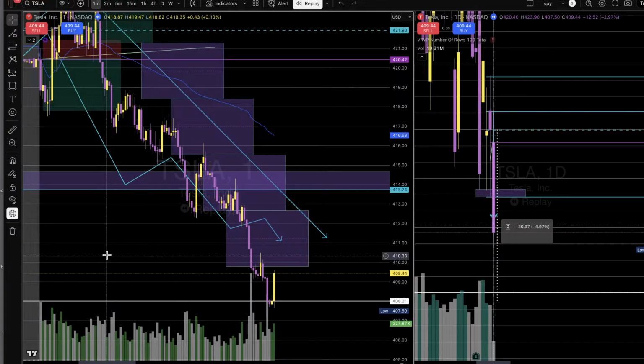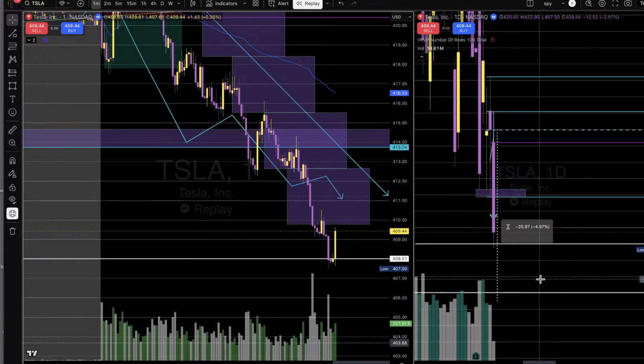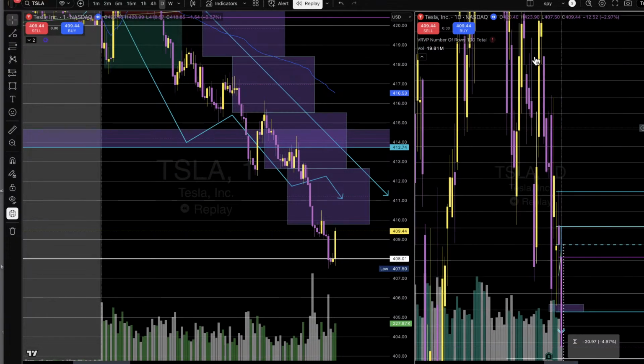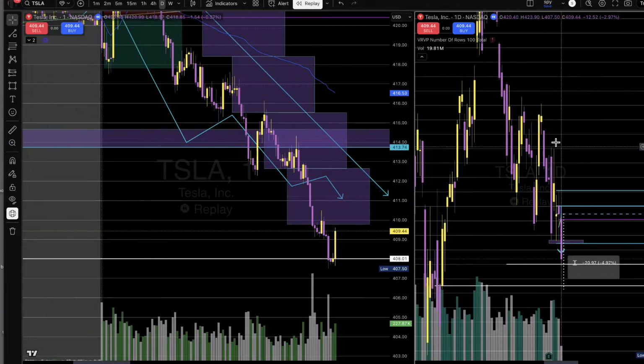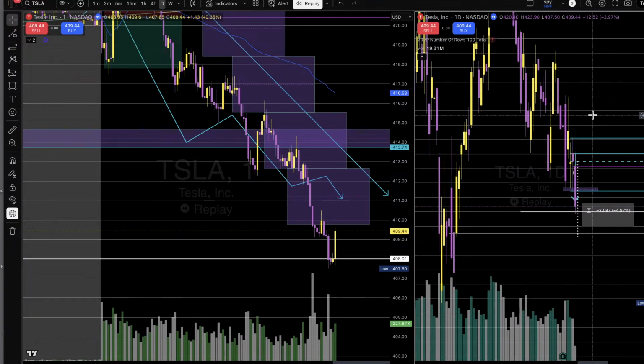Yeah, so in this situation, we're trending down, right? We open below the red candle. So looking for weakness entries. Weakness entries justified.